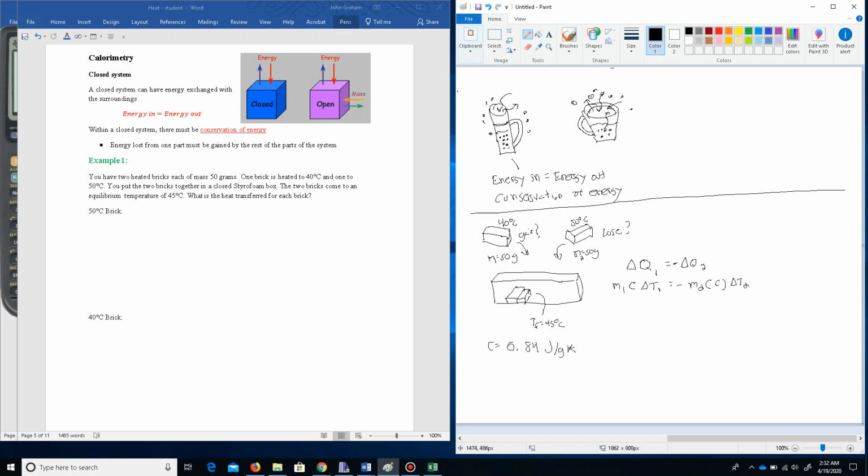So I'm going to do each of these separately, and that's why I have it divided into these different areas.